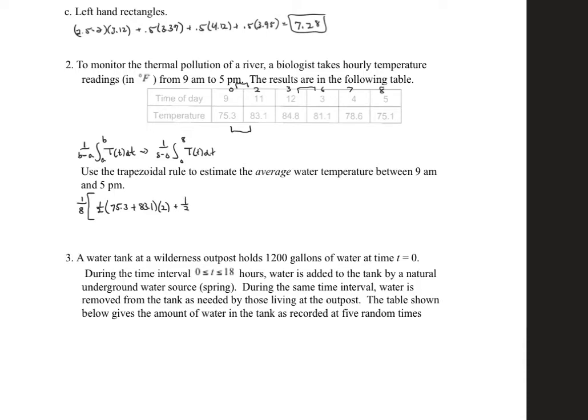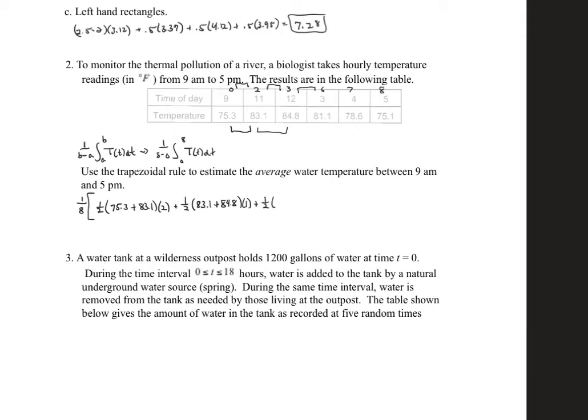Our second trapezoid is going to be 1/2, and the sum of the bases there, those are going to be our next two bases. So we recycle the 83.1, because we're going to use it in both our trapezoids. Then 84.8, and this time our delta time, 3 minus 2, is going to be 1.